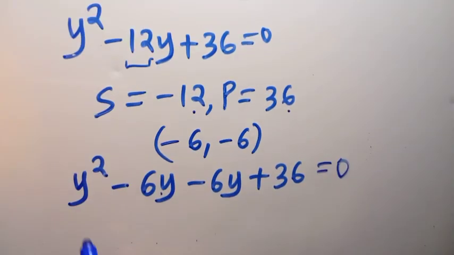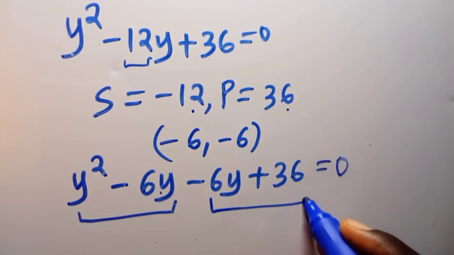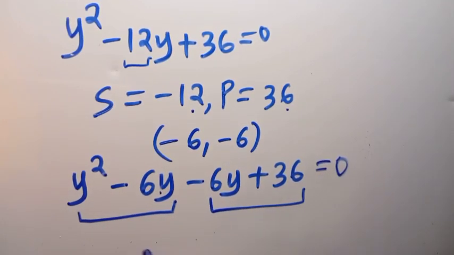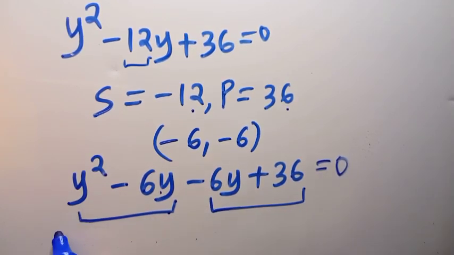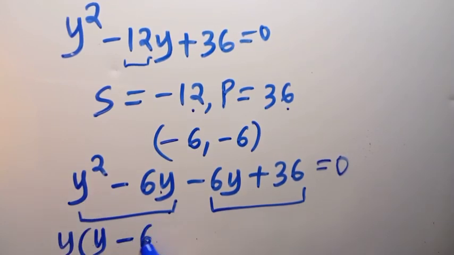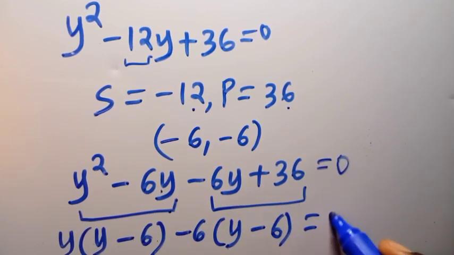Then if I group these two and also group these two, then I factor the common term here and the common term here. The common term here is y, into y minus 6. Then the common term here is negative 6, into y minus 6, equals to 0.